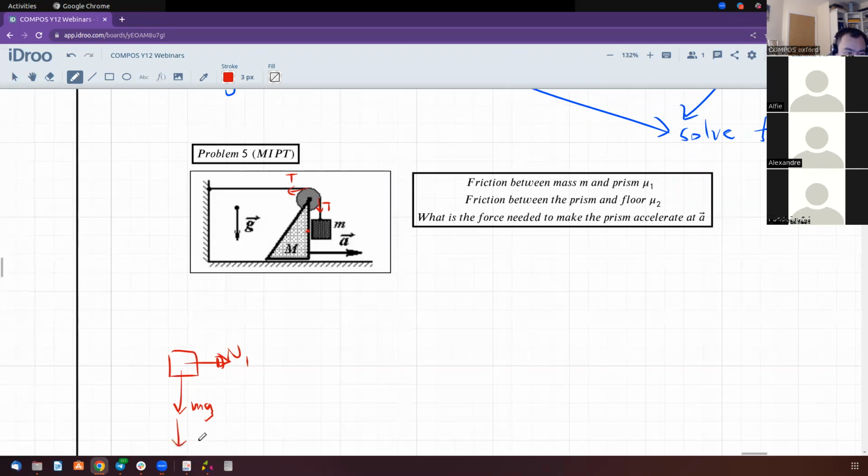There's a mu 1 N1. There's tension going up, and it's accelerating. It's accelerating at A. Okay, that's for the prism.